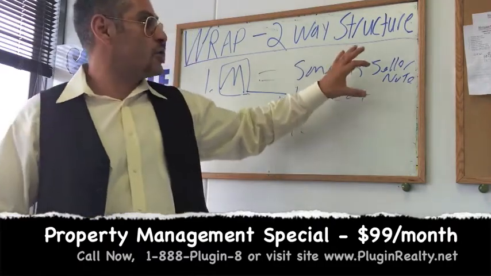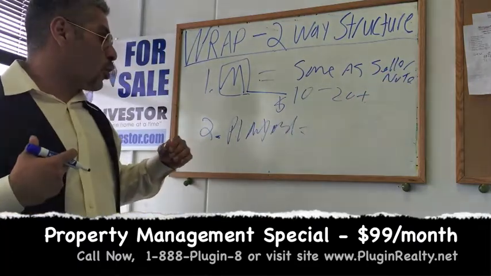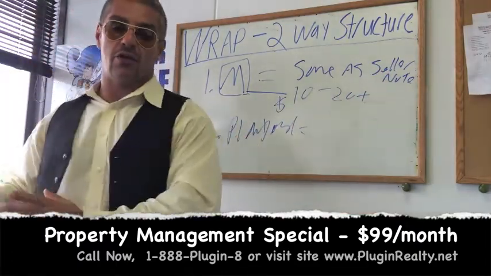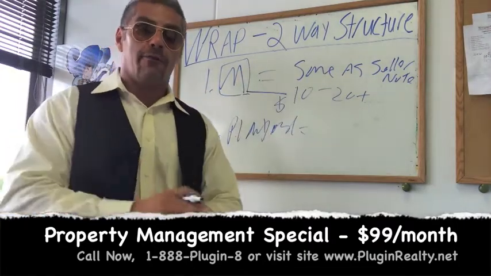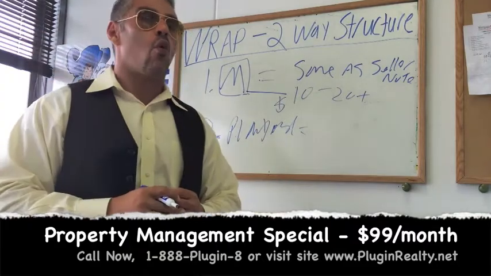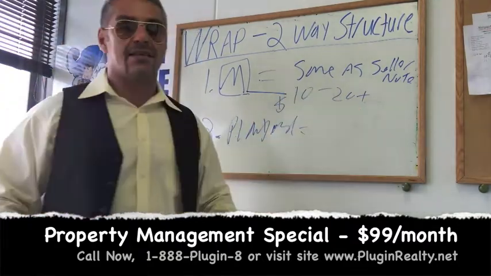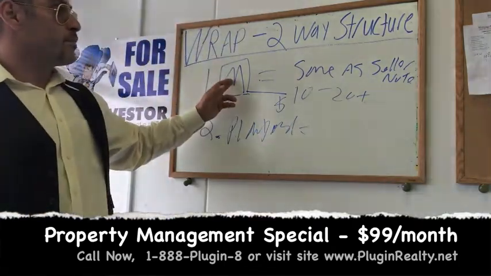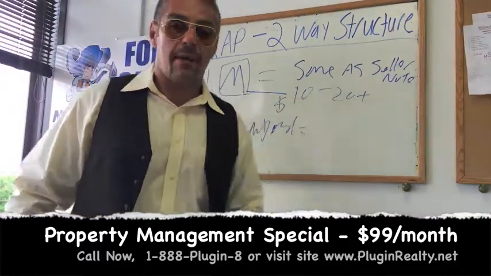Sometimes I will, but because I'm not a wholesaler, I am more of a buy and hold guy, looking to buy properties as rentals. But it's a great strategy if you don't have the money for rentals or if you don't want to be a landlord. This is a great way to get that $10,000, $20,000 by just assigning that mirror wrap to a retail buyer.